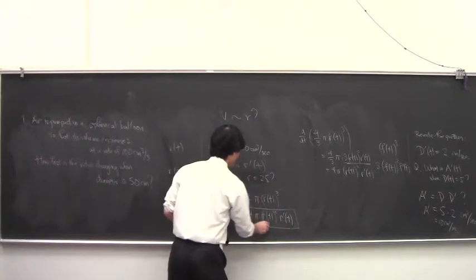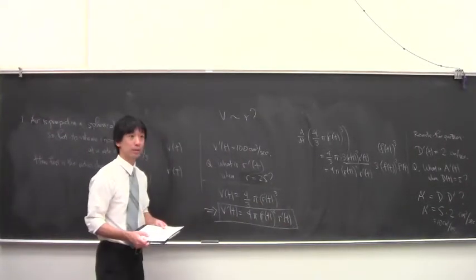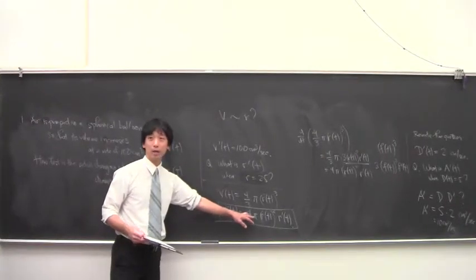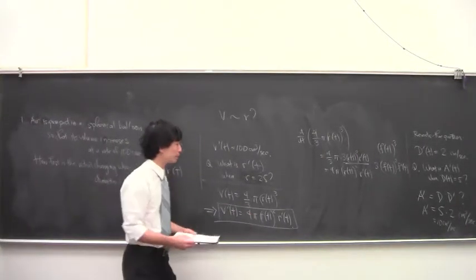So you have this relation between the rates of change: V prime is equal to 4 pi r squared r prime.